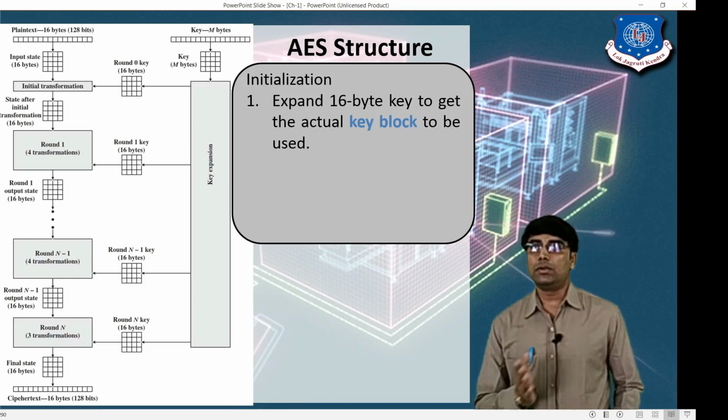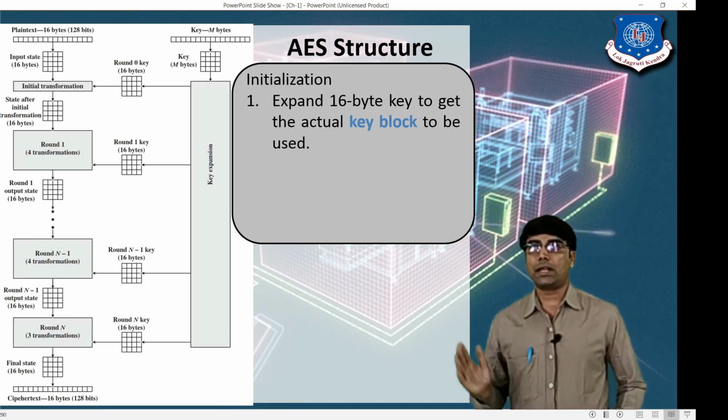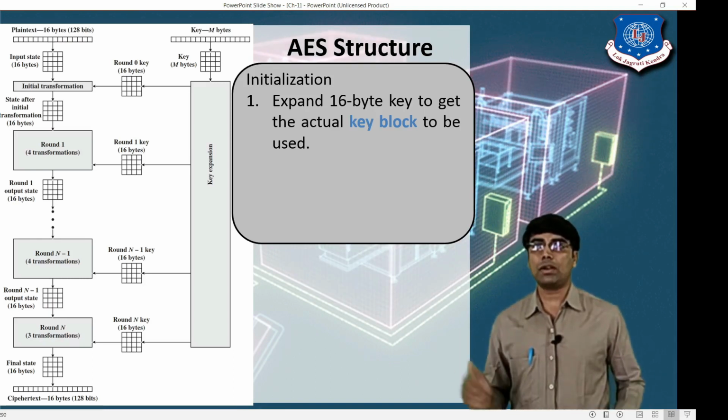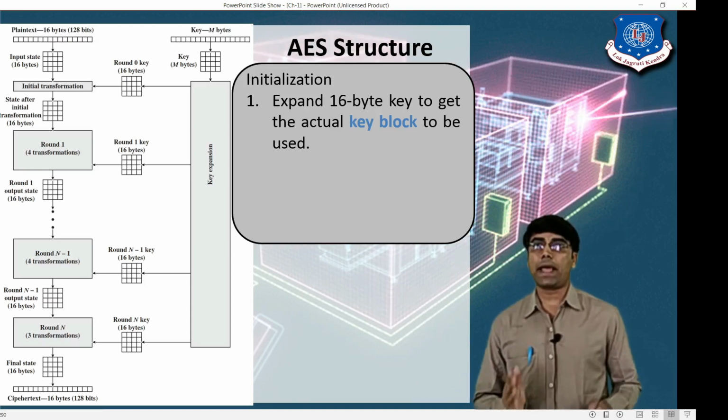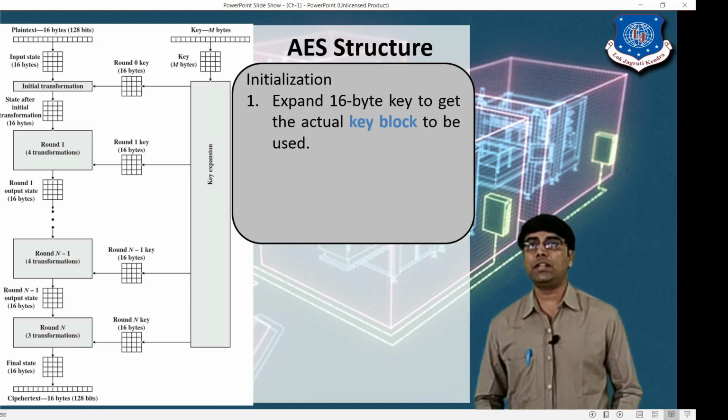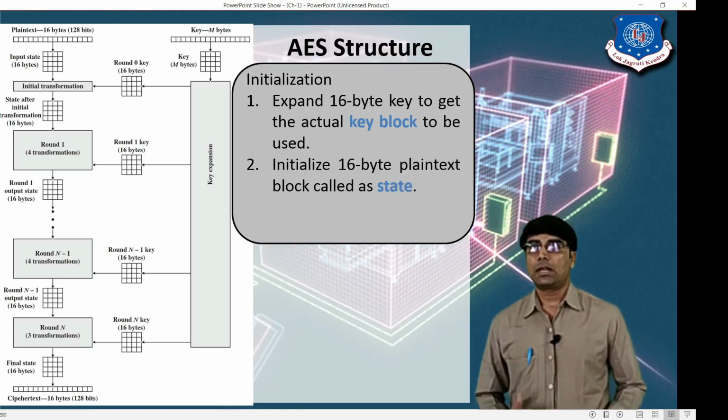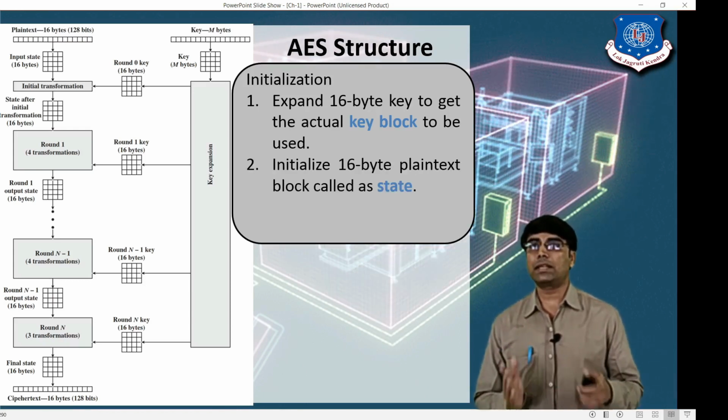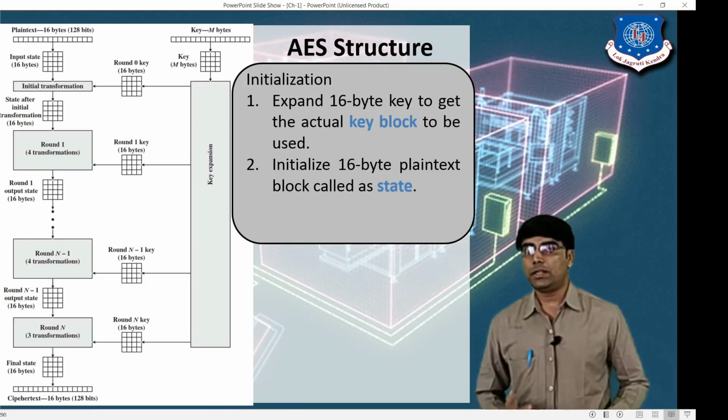Now you can see in this square box, the initialization, that means expanding the 16 byte key to get the actual key block to be used. I already discussed that.